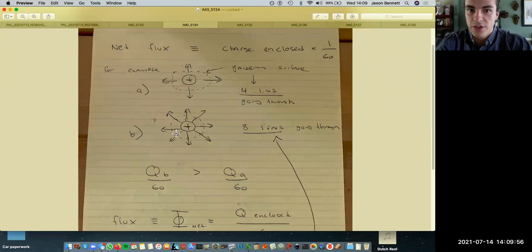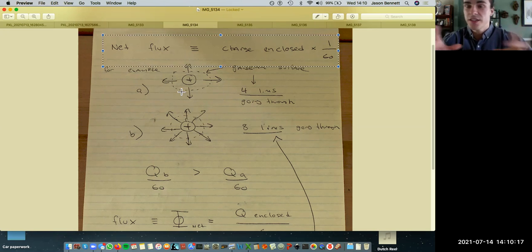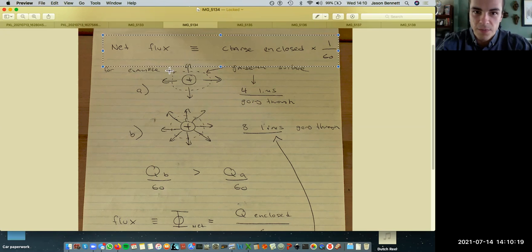Because there's more electric field going through this same surface, this little dashed line I drew, this charge is bigger than this charge. And so Gauss's law can be read as the net flux, and this flux you can envision as how many electric field lines are moving out of this space that you made. This little dashed line is called a Gaussian surface, based on Gauss's law.